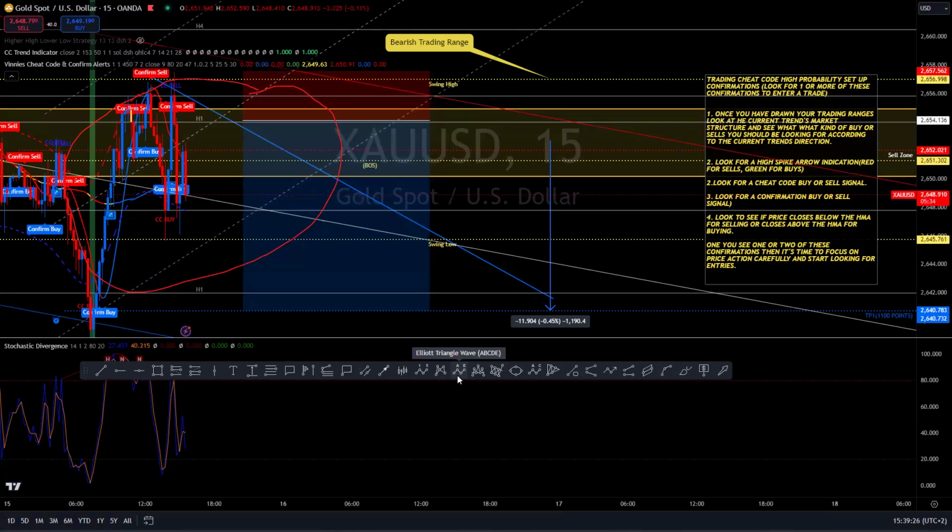Right, so I jumped back in. I wasn't trying to revenge trade, just trying to get a little something. So I made my losses back. I only made about $1, so that's good. I recovered my losses there.